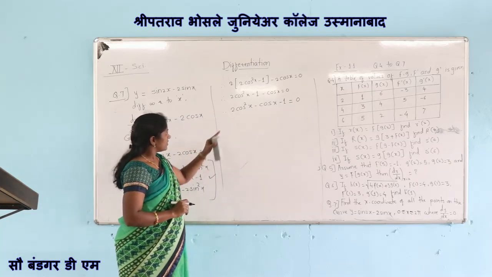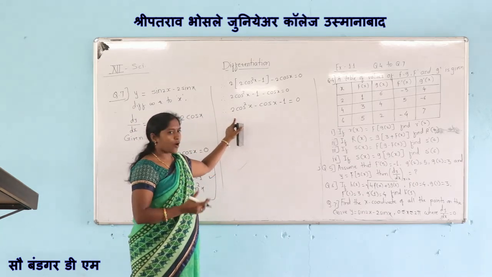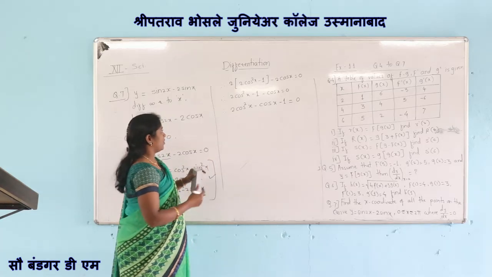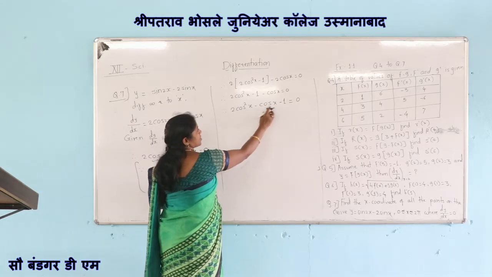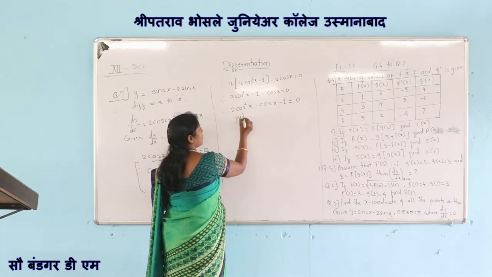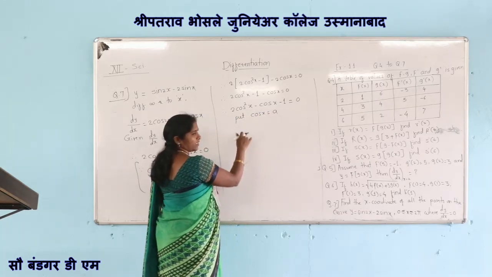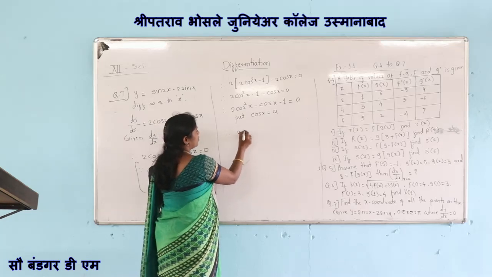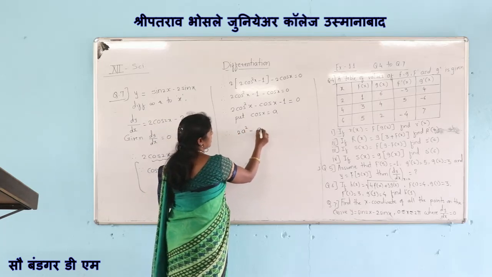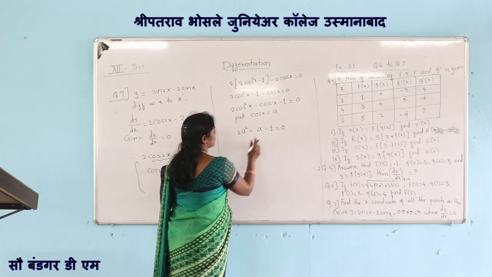Now this equation is in quadratic form, so we will replace cos x by another variable. Put cos x equal to a. So we get 2a square minus a minus 1 is equal to 0.